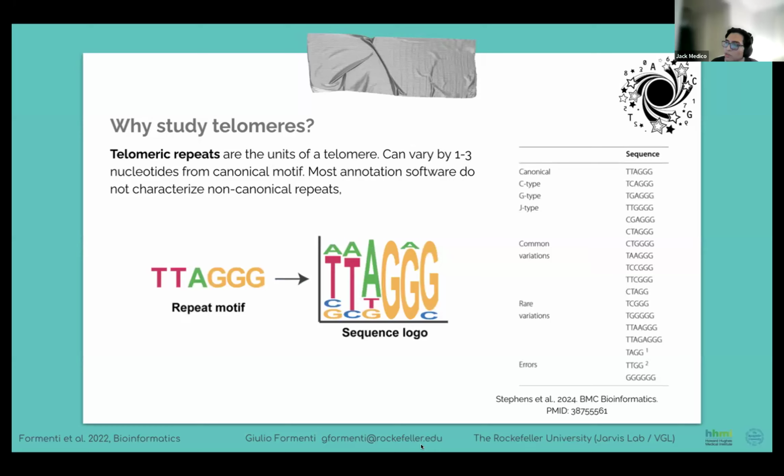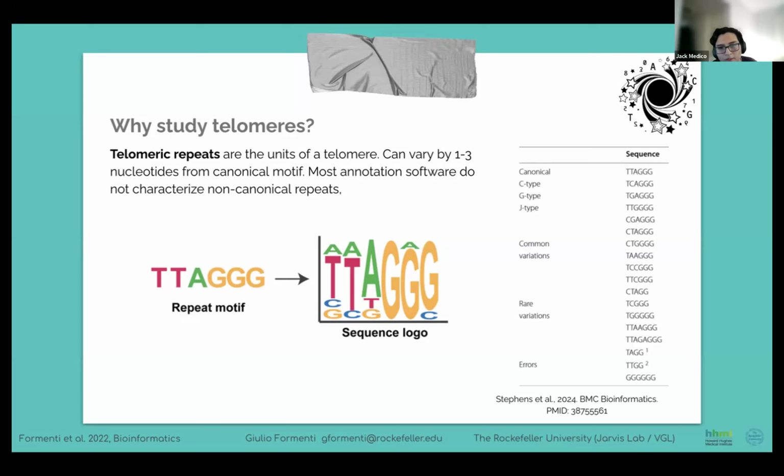Okay. So the way telomeres have been studied in the past decade was essentially just exploring this canonical repeat motif, TTAGGG, which is the canonical motif in vertebrates. Depending on the group, you can have a different motif. Like in plants it is different, in C. elegans it is different. But also in the 80s and 90s, there were other repeats that were identified in humans.